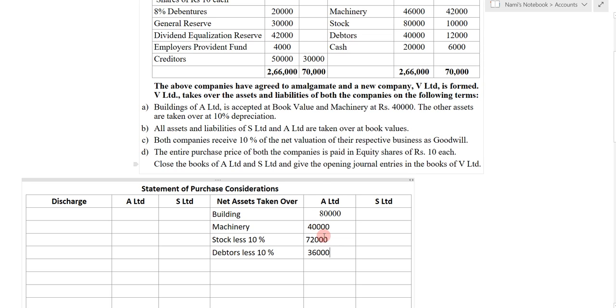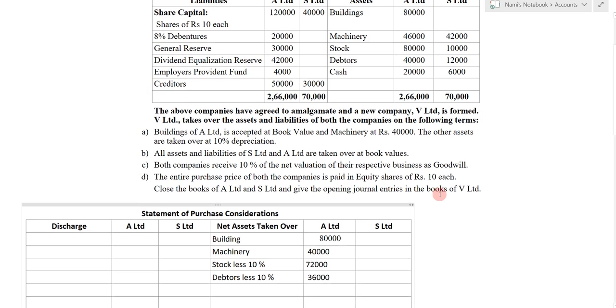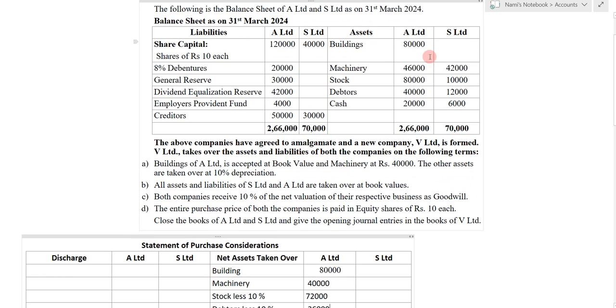Okay. Now, next point is all the assets and liabilities of S Limited are taken at the book value. So of S Limited, buildings is not there. Then machinery is taken at the book value. Book value means the balance sheet value.